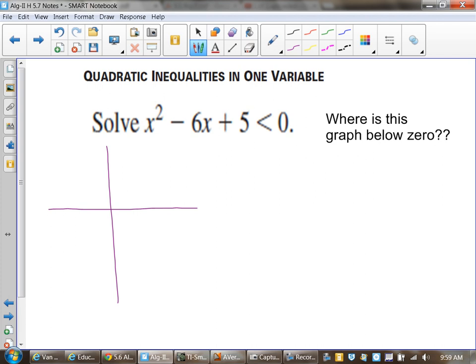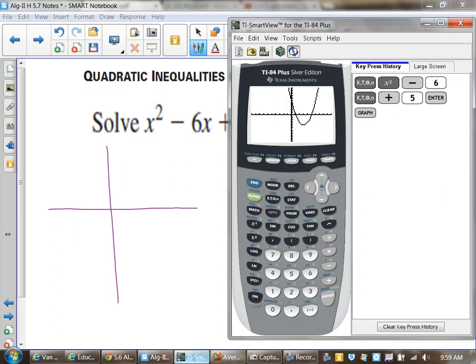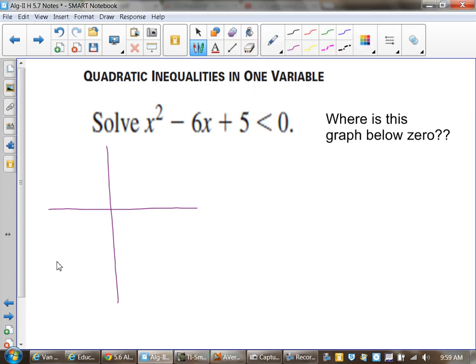My vertex would be at 3, what is it? It is at 3, right? The opposite of b, so it's 6 divided by 2, so it's 3. 9 minus 18 plus 5, so it's -4. So 3, -4 is my vertex. Remember, we know that's a minimum value because a is positive. You can calculate that in the calculator, it'll spit that out for you. The minimum value is at 3, -4.